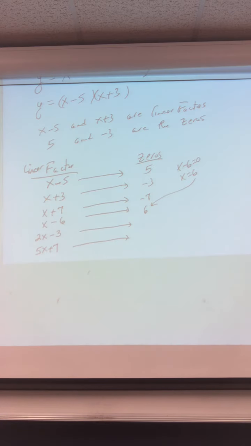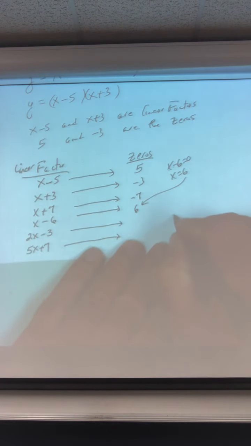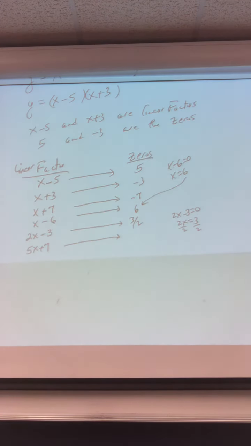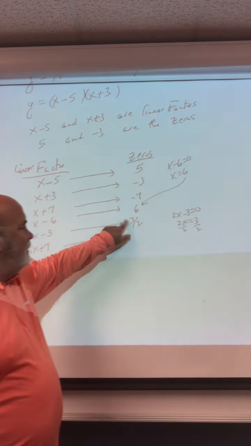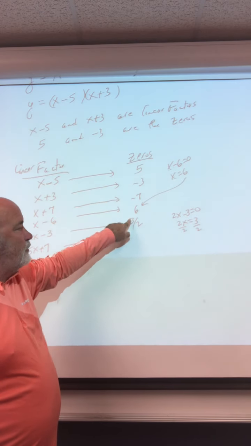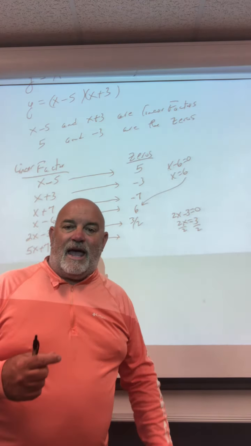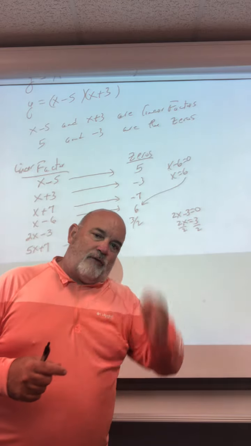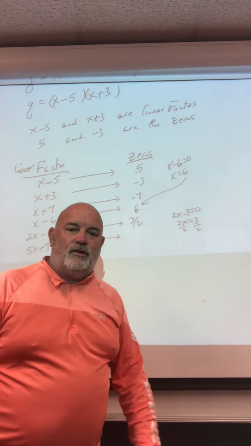So here's what you'd have to do. Add 3 to both sides, then divide by 2. So in this case, your 0 is a fraction. So 3/2 is 1 1/2. So what that would mean is your graph would cross halfway between 1 and 2.